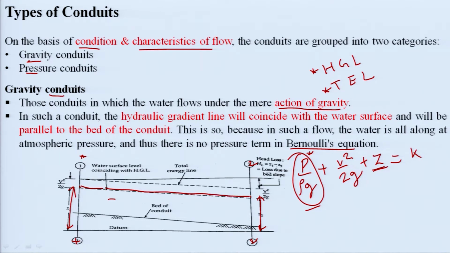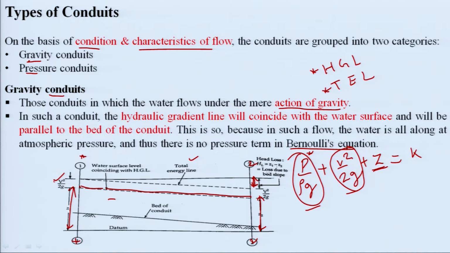And what do we have to add in order to get the total energy line? Simply we have to add the velocity head, that is V square by 2g. By adding velocity head to the hydraulic gradient line we get the total energy line. It can be seen that there is a loss due to various reasons. One of the reasons is frictional loss, and that reduces the value of velocity head.